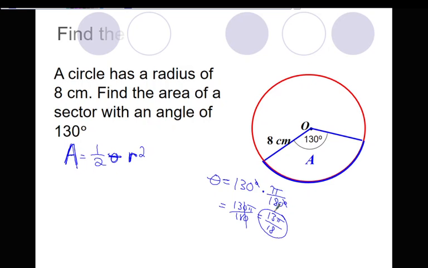And that's our radian measure that we're going to be using. Okay, can't reduce any further than that. So now we just plug in what we got. So 1/2 times 13 pi over 18 times r squared, which is 8 squared.